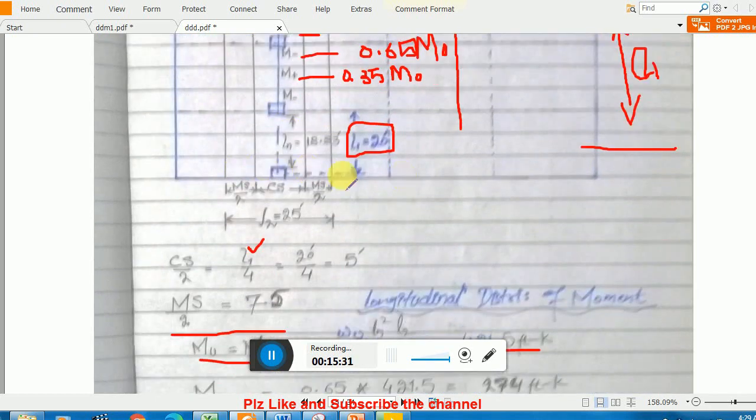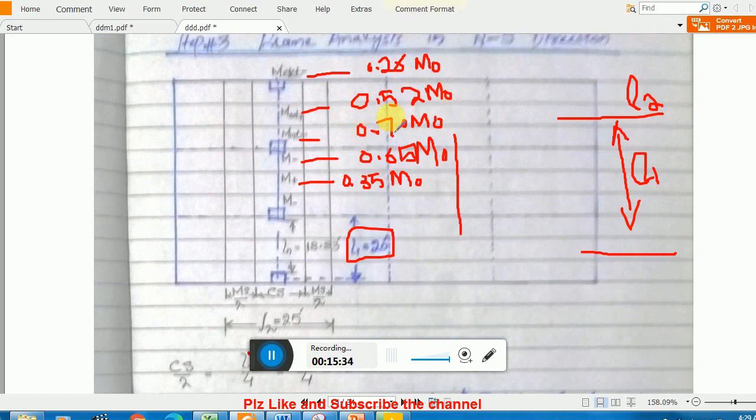Then you have to transversely distribute these moments. This moment will remain 100% at the face of the column, clear, 100% at the face of the column, while 0% will go towards the middle strip. This is to remember.